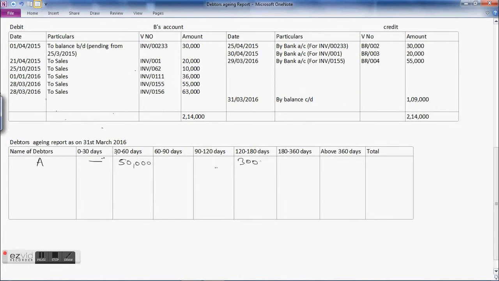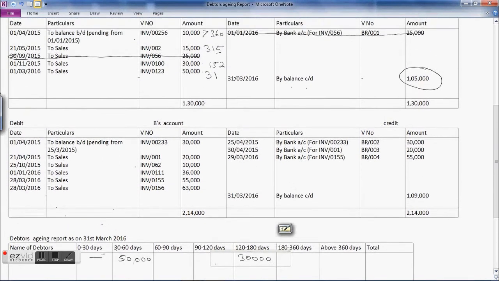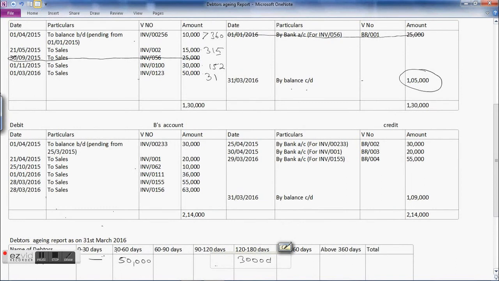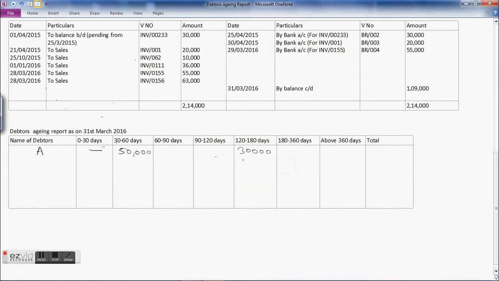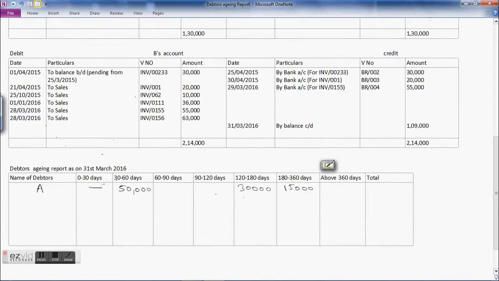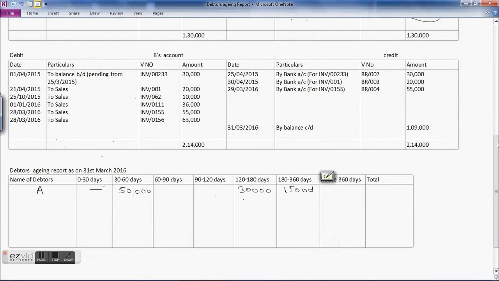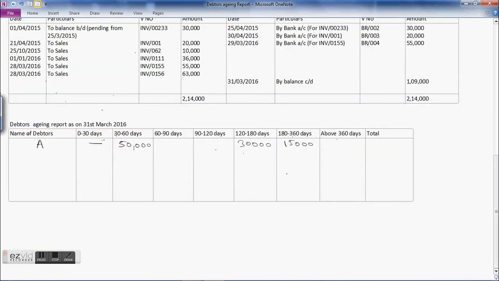So here 30,000. Then 180 to 360 days, you have one invoice of 15,000. So 15,000. Then above 360 days, you have one invoice of 10,000.